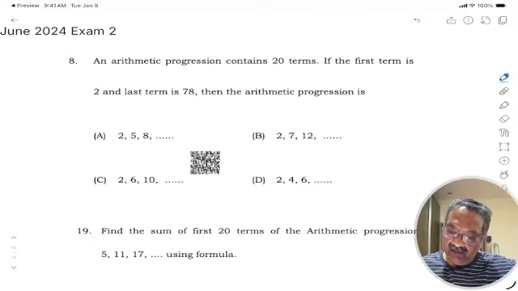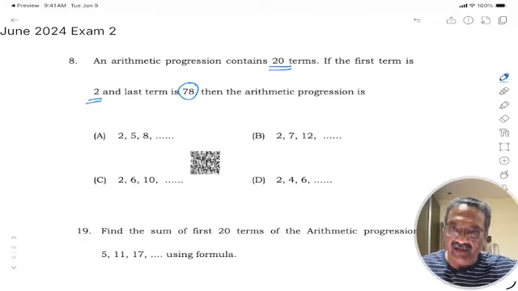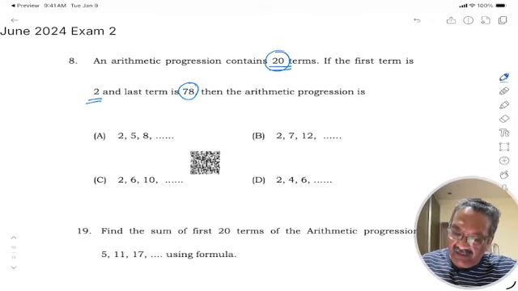Okay, an AP consists of 20 terms. If the first term is 2 and last term is 78, we need to find D. It has 20 terms.